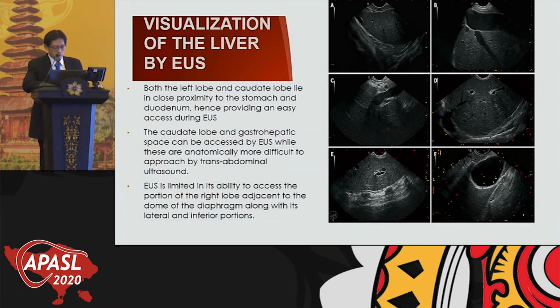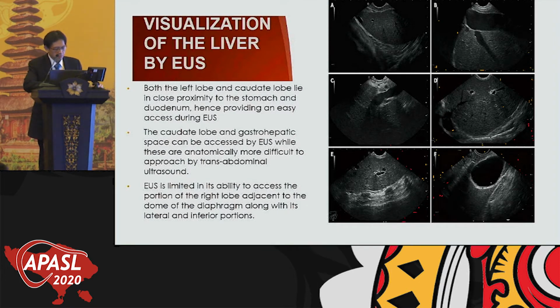So this is how EUS visualizes the liver. In fact, both the left lobe and the caudate lobe lie in close proximity to the stomach, hence providing easy access during the EUS examination.